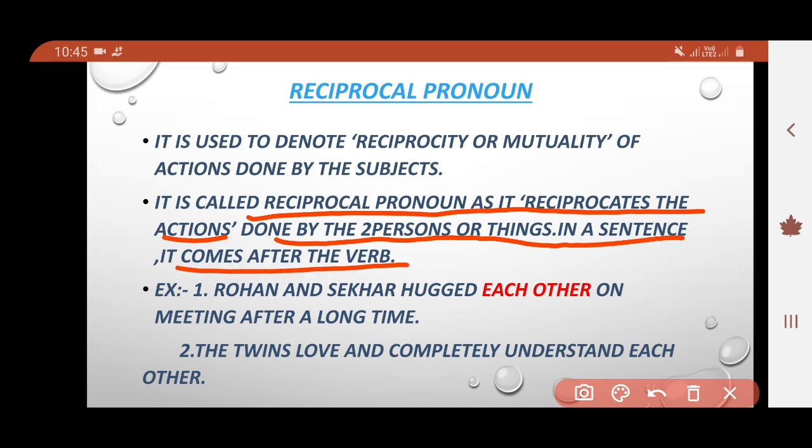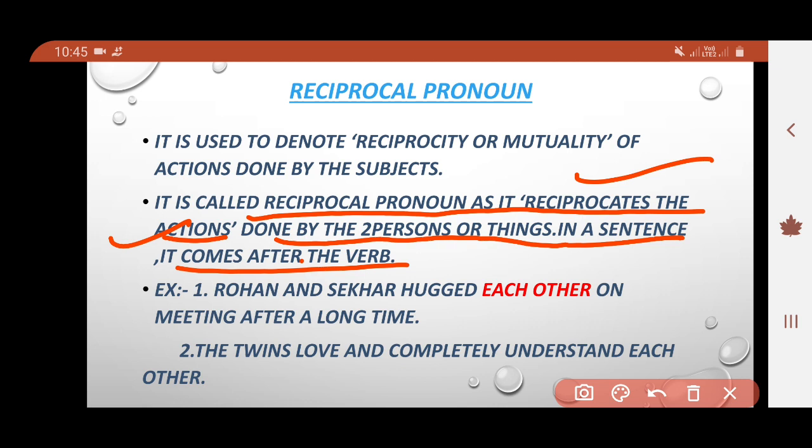That means reciprocal pronoun is used to show the reciprocity or mutuality between two persons. It reciprocates the actions done by two persons or things. That means the action happens in between two persons.